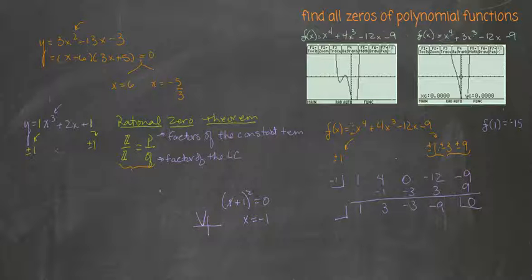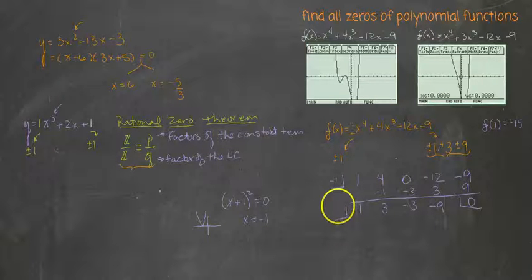So that's a possibility. I could try negative 1 again. Oh, what the heck. I'm going to go ahead and do it so that I know that I've exhausted every possibility. So I bring down a 1 times negative 1 plus 3, positive 2, times negative 1 plus negative 3 is a negative 5, times negative 1 is a positive 5. Oh, that was a mistake. I should have known better. But at least now I know.